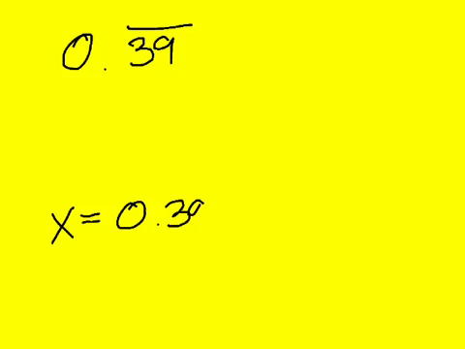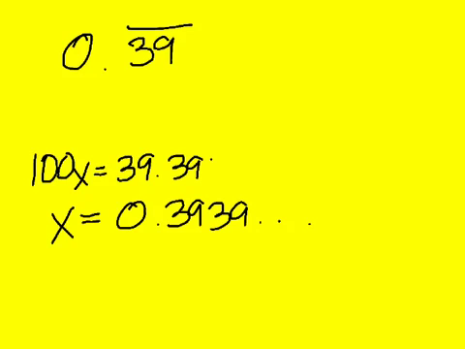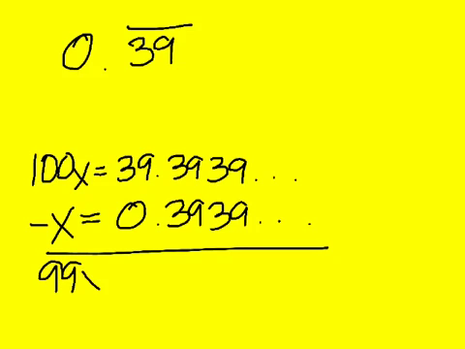Here's one that will reduce. Example number 4. 0.39 repeating. x equals 0.3939 and then 100x equals 39.3939. Subtract to get 99x equals what? 39.